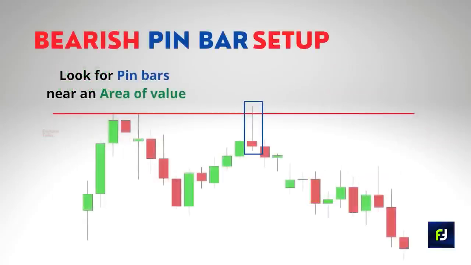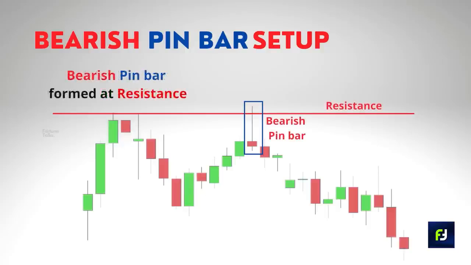Now, the other great time that you will find high probability trades with this candlestick, in addition to a trending market, is when the price is rejecting a level in the market that is of importance or an area of value. These can often be the key support or resistance level or dynamic levels like the moving averages. In this example, the price moves higher into a key resistance level.